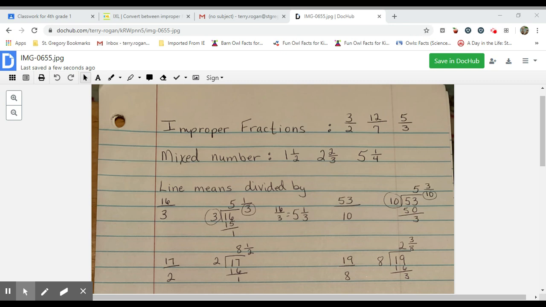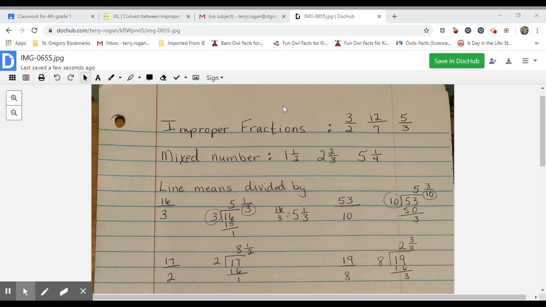Hi, boys and girls. This is a tutorial video for IXL Objective P24 about how to change improper fractions to mixed numbers and mixed numbers to improper fractions.